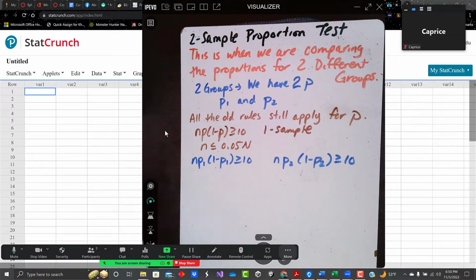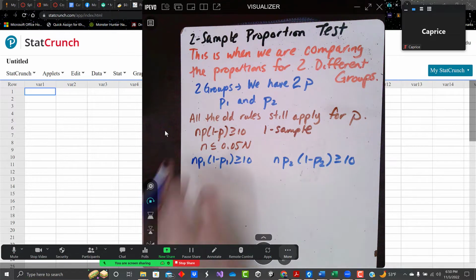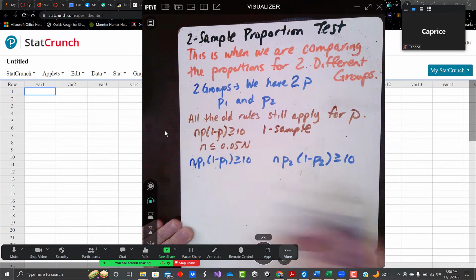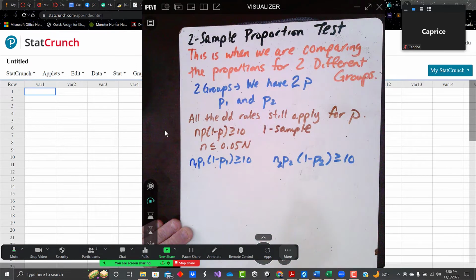This has to be true for our groups. And I made a little mistake here. I just wrote n. There's no requirement that n's are the same. They should in fact be different groups, and they don't even have to be the same size. So I'm going to change that to n1 and n2 up there.